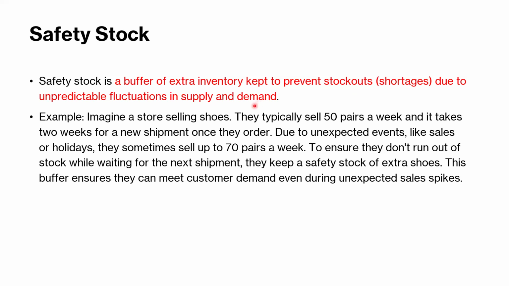So imagine a store selling shoes. Typically they only sell 50 pairs a week, and it takes 2 weeks for a new shipment once they order from the manufacturing side. But due to unexpected events like holidays, they sometimes sell up to 70 pairs a week, right?